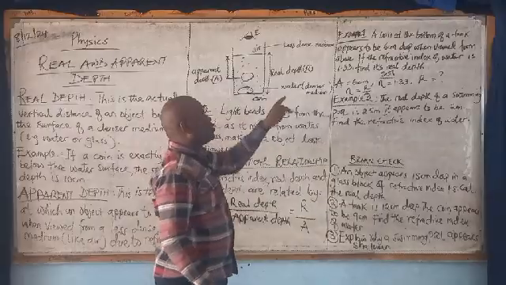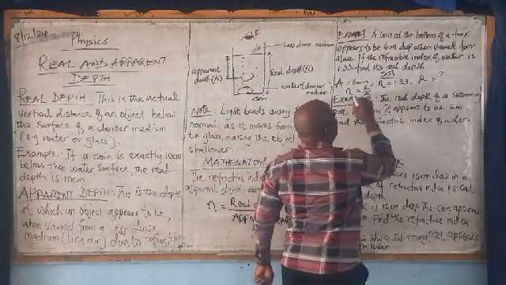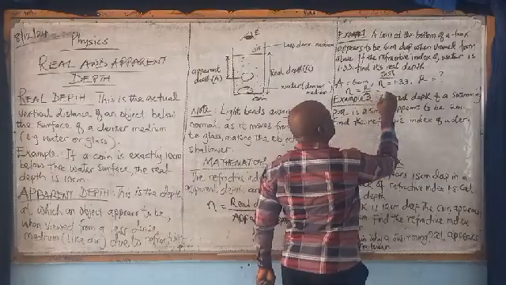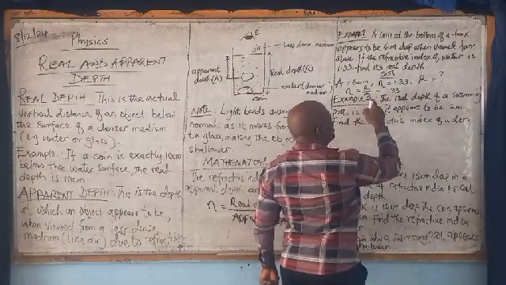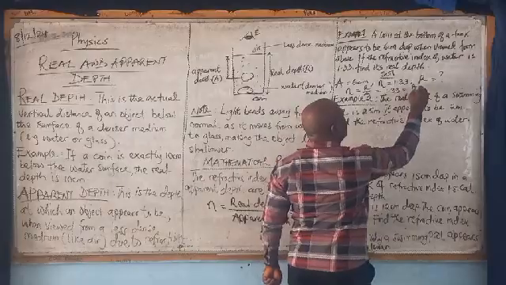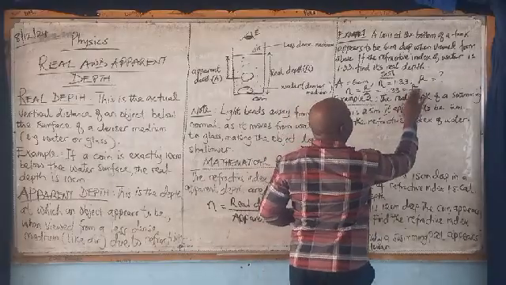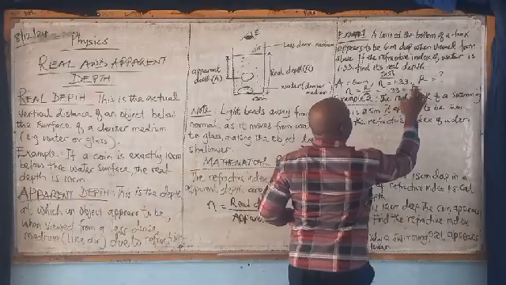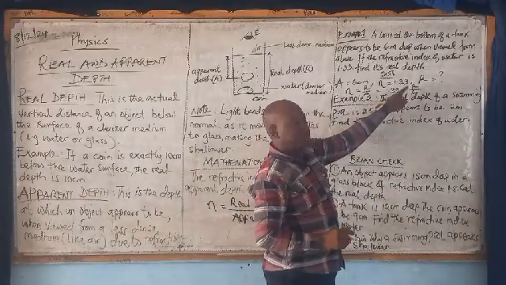If we substitute, we have refractive index, which is 1.33, equal to real depth over apparent depth, and our apparent depth is 6 centimeters. So we can cross multiply.